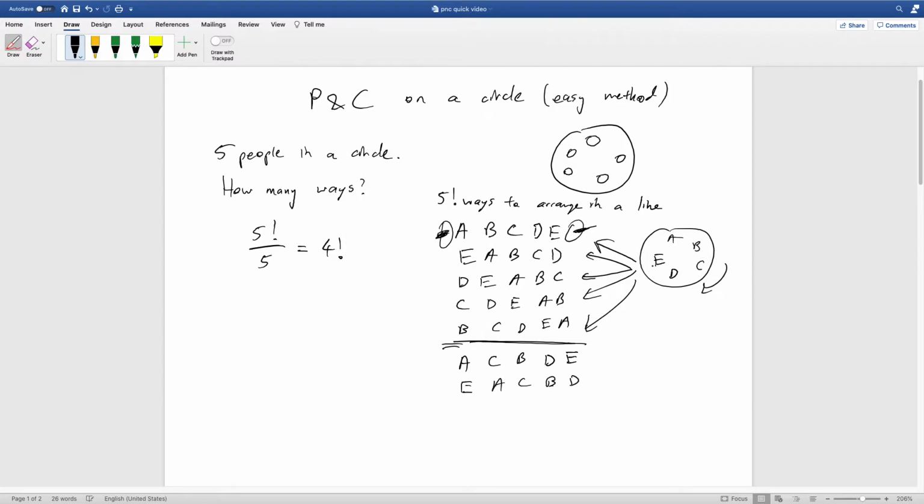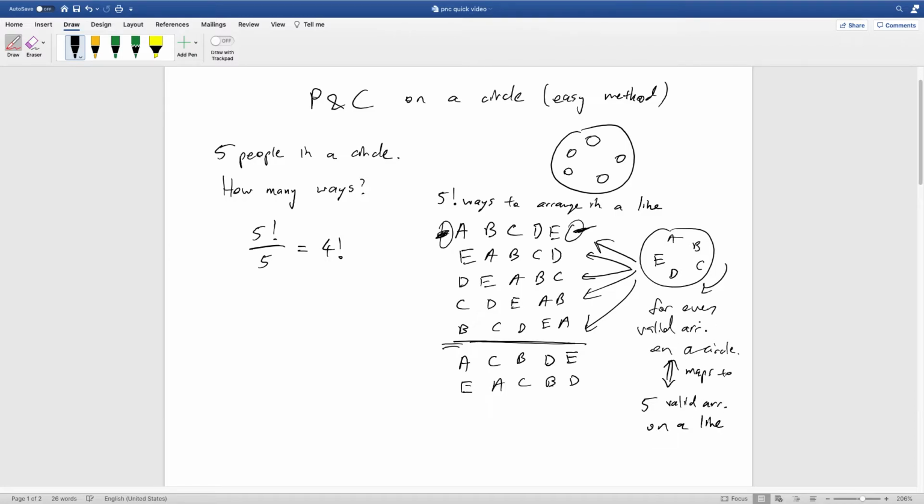There's rotational symmetry. So because we have counted 5 factorial ways to arrange people in a line, we have overcounted them by a factor of 5, meaning that for every valid arrangement on a circle, it maps to 5 valid arrangements on a line.